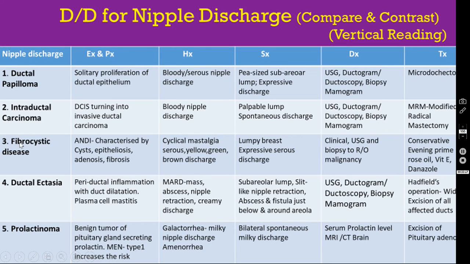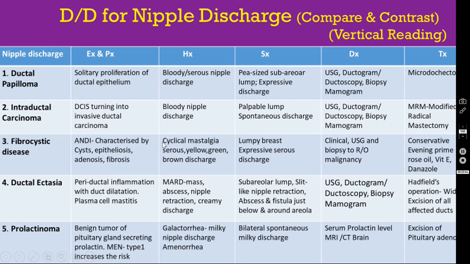Then the third cause for nipple discharge is fibrocystic disease or fibroadenosis. This is also known as ANDI, abnormal development and involution, characterized by various stages of cyst, epitheliosis, adenosis and fibrosis. All these things will be there in case of fibrocystic disease.